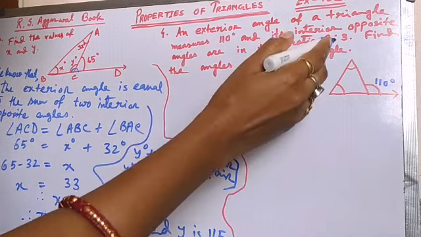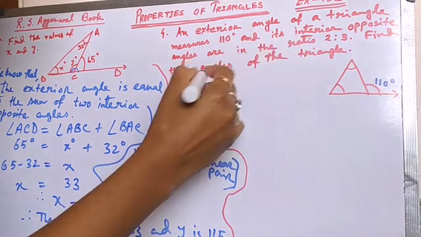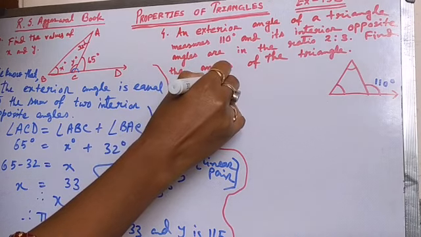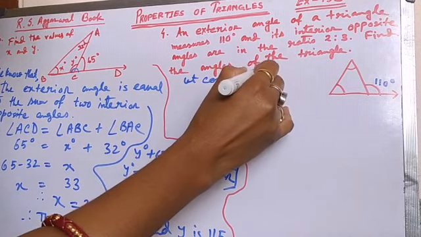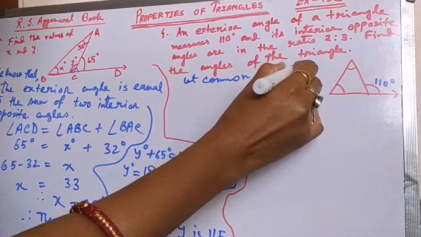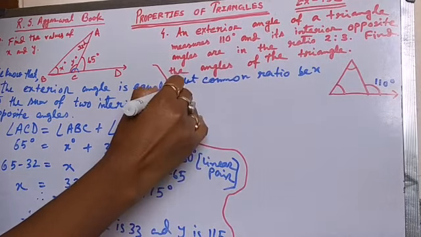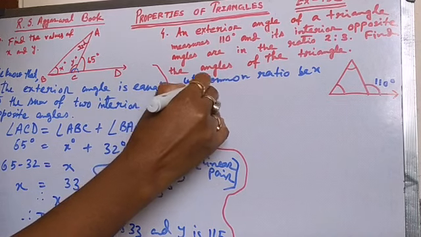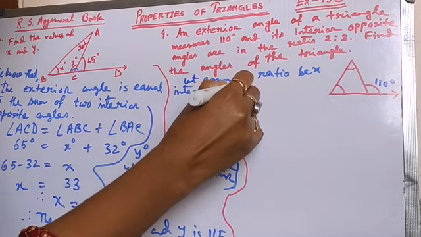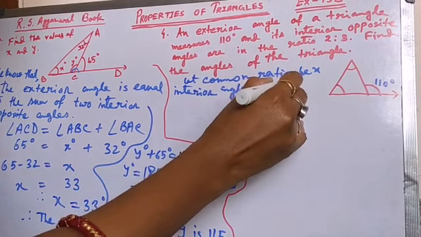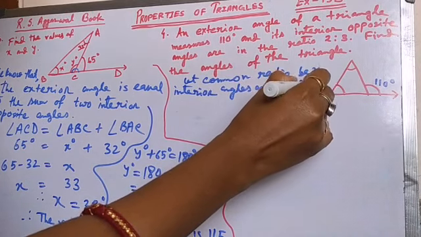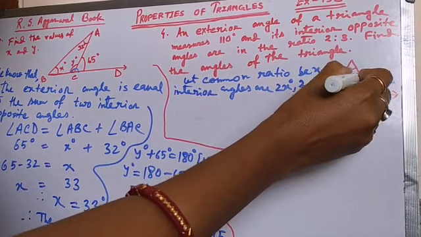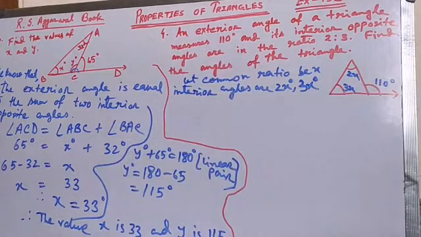So here the ratio is 2:3. Let the common ratio be x, so the interior angles are 2x and 3x degree. So this is 2x and this is 3x.